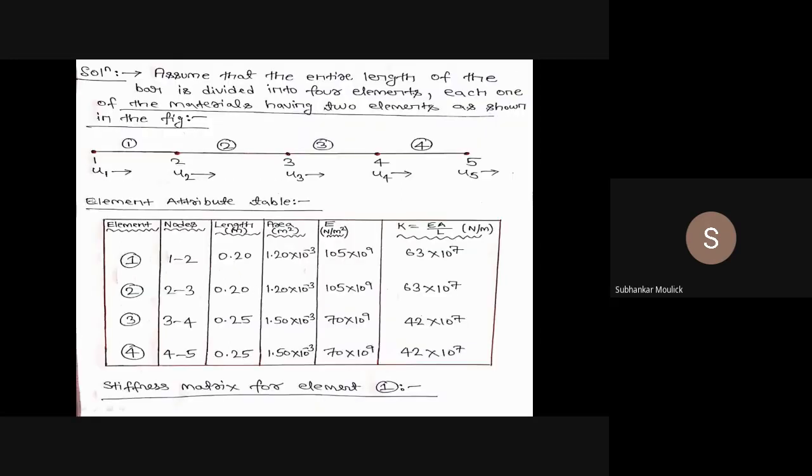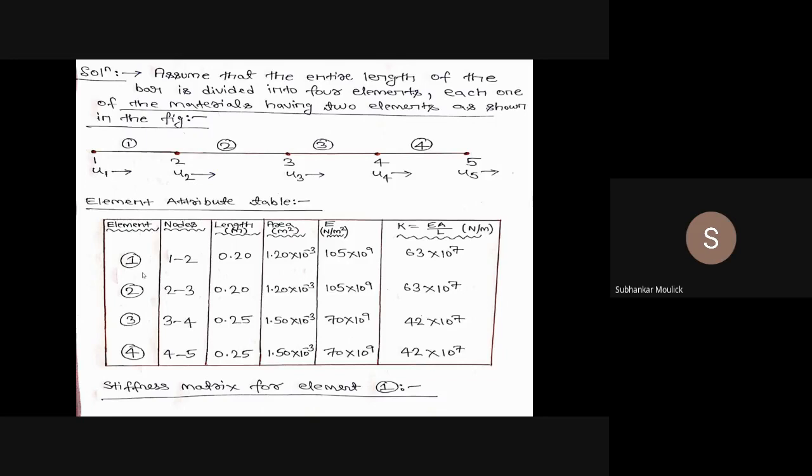Each element is surrounded by two nodes. Let u1, u2, u3, u4 and u5 be the corresponding nodal displacements along the positive x-axis. If at last my answer for u1, u2, u3, u4 comes out to be negative, that means I have taken the wrong direction of displacement. Displacement will be in the opposite direction.